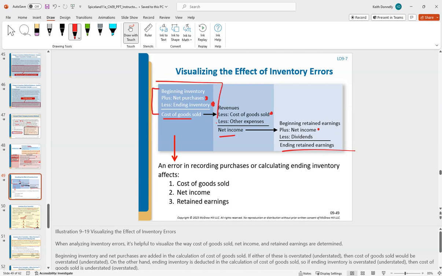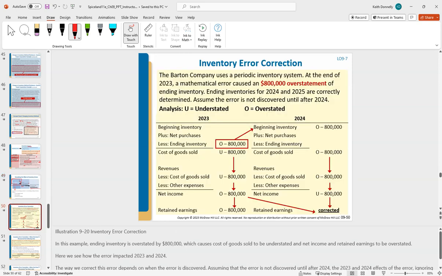If you think about an inventory error, it's going to screw up your balance sheet. It's going to screw up your income statement. It's going to screw up your statement of retained earnings and stockholders' equity. Okay, so let's look at an example. The Barton Company uses a periodic inventory system.